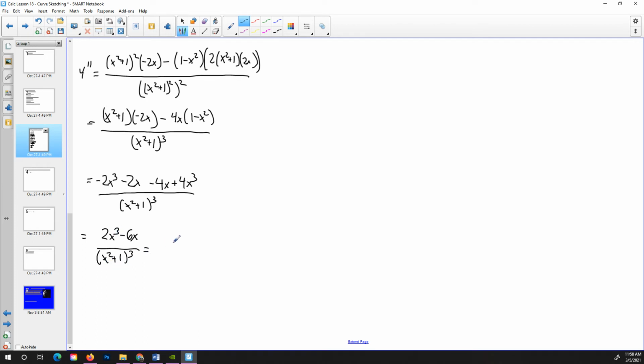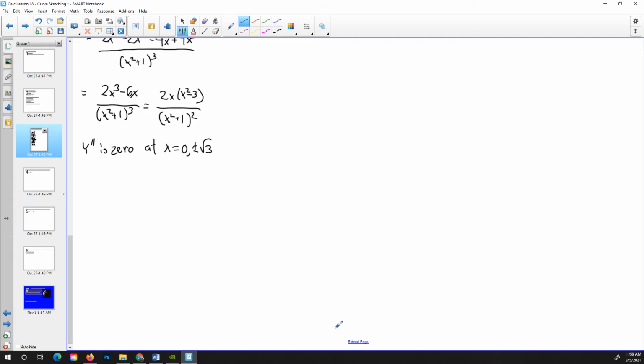So if I factor this real quick, I'll have 2x times x squared minus 3. So I have values where this function is going to be equal to 0. Y double prime is 0 at x equals 0 and then plus or minus square root of 3. So I just set this equal to 0 and solve for x.